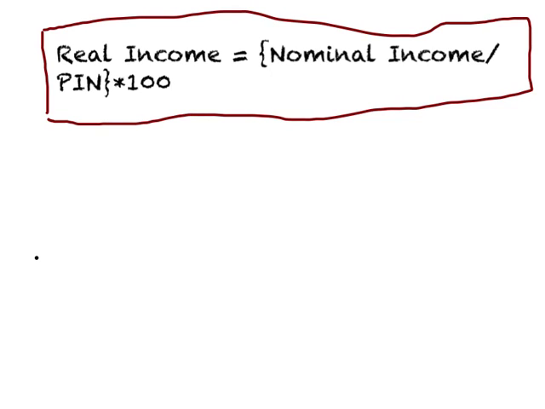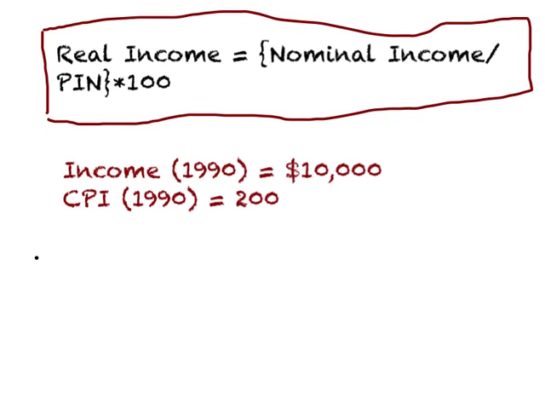Suppose the income that I received in 1990 was, say, $10,000, and the CPI in 1990 was, say, 200. Based on these numbers, what will be my real income?